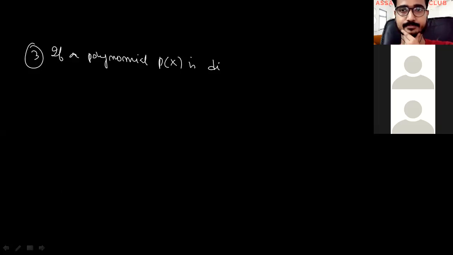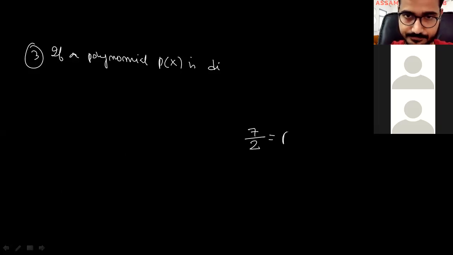Clear, Harshati? Let me take one example. When 7 is divided by 2, then 1 is the remainder, but 6 is divisible by 2, so there is no remainder because 2 threes are 6. But when 7 is divided by 2, the remainder is 1.